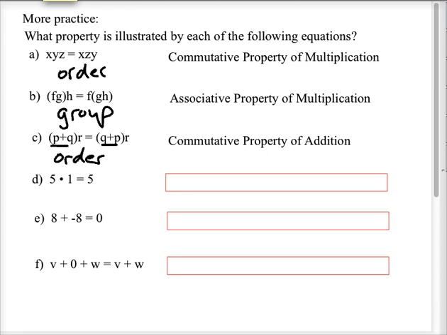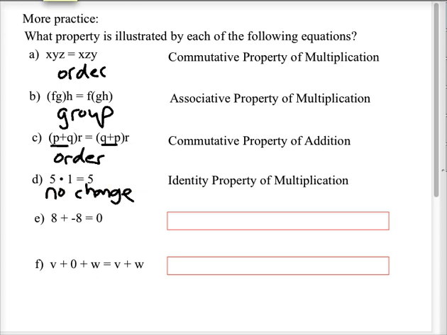In D, I notice that I'm multiplying by something and it's not changing the value. I started with 5, multiplied by the 1, and it stayed 5. Remember, whenever you do something and there's no change, when the value doesn't change, you're talking about the identity.